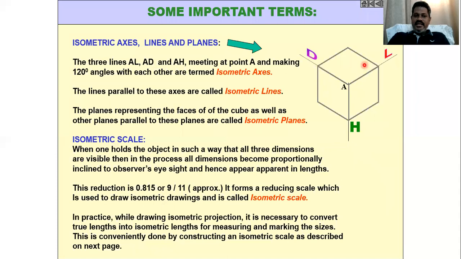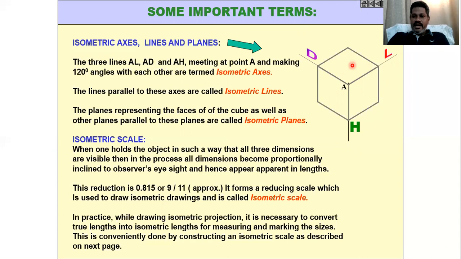The planes representing the faces of the cube, as well as the planes parallel to these planes, are also called the isometric planes. As you can see here, consider this figure. This is the isometric plane DAH, and LAH is also an isometric plane, and similarly DAL is also an isometric plane.